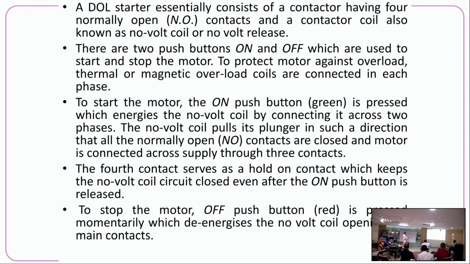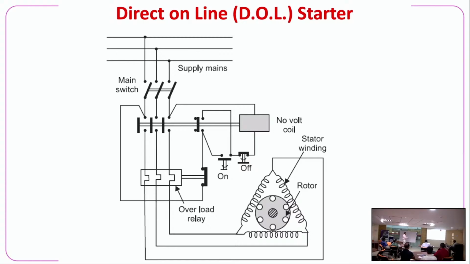We have the three terminals of the motor. Between the three terminals of the motor and the three supply terminals, we connect the direct on line starter. The direct on line starter has a push button for switching on and a push button for switching off. There is a no volt coil, which makes or breaks the contact.